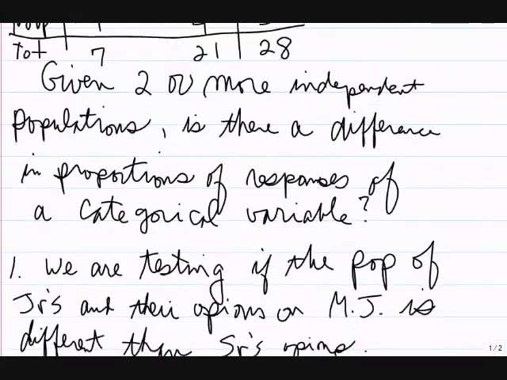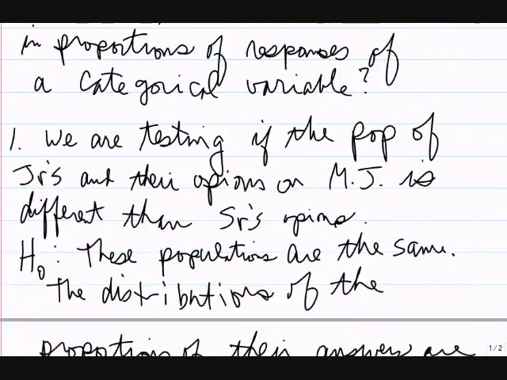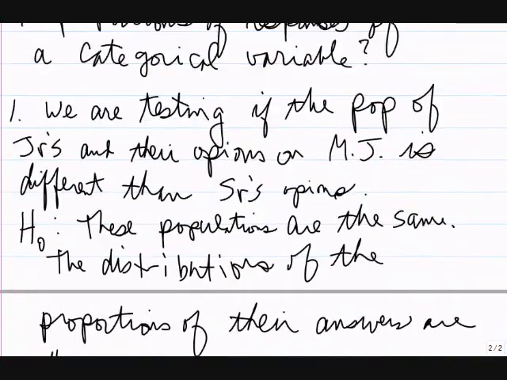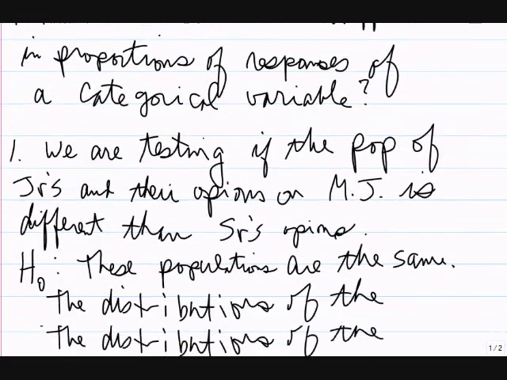For the seniors saying yes, it's 16 times 21 divided by 28. Okay. For the juniors saying no, it is 7 times 7.